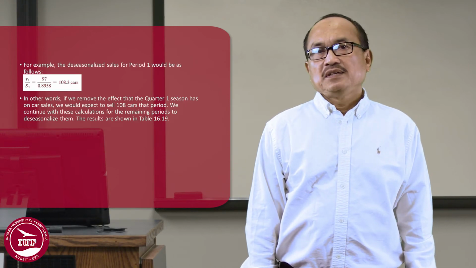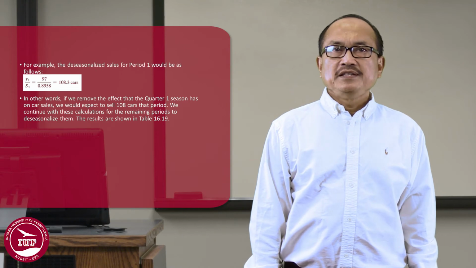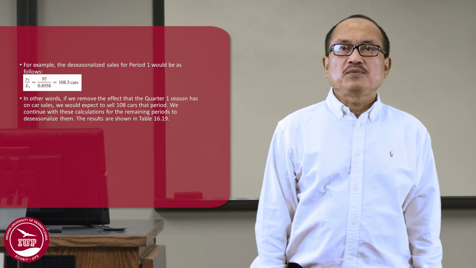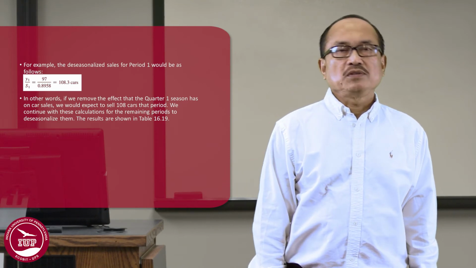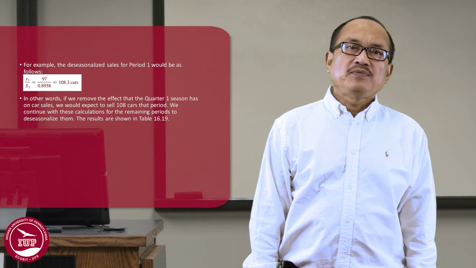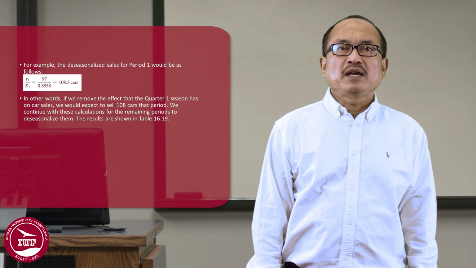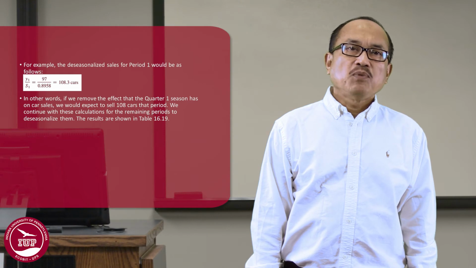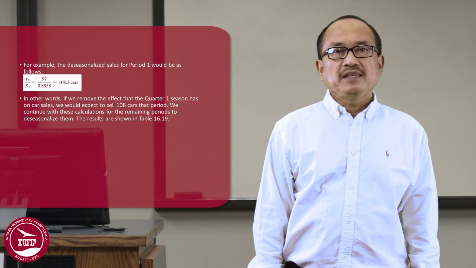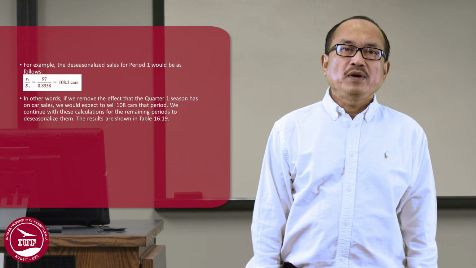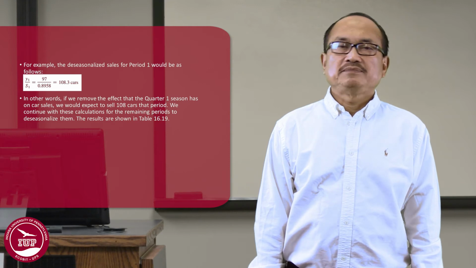For example, the deseasonalized sales for period 1 would be as follows: Y_1 divided by S_1 equals 97 divided by 0.8958, equal to 108.3 cars.